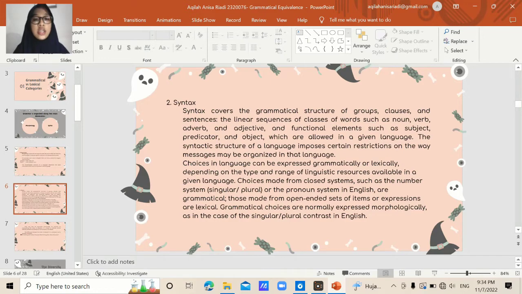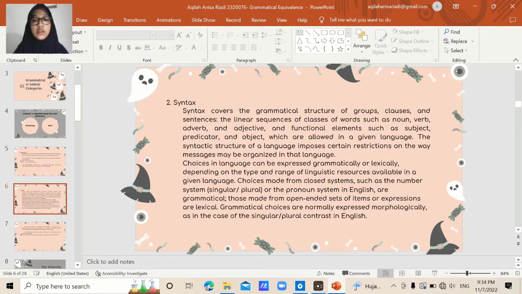Choice in language can be expressed grammatically or lexically, depending on the type and range of linguistic resource available in a given language. Choice made from closed systems, such as the number system, singular or plural, or the pronoun system in English, are grammatical. Those made from open-ended sets of items or expressions are lexical.